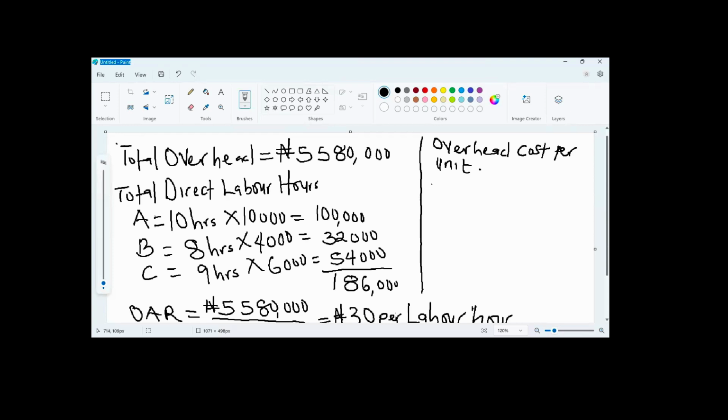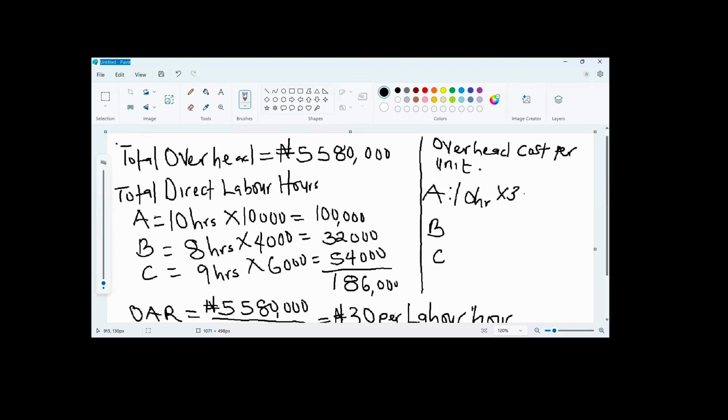When you are solving a question with a digital pad, look at it. Product A, B, C. Labor hours required to produce a unit of product A: 10 labor hours, and overhead rate per labor hour is 30.